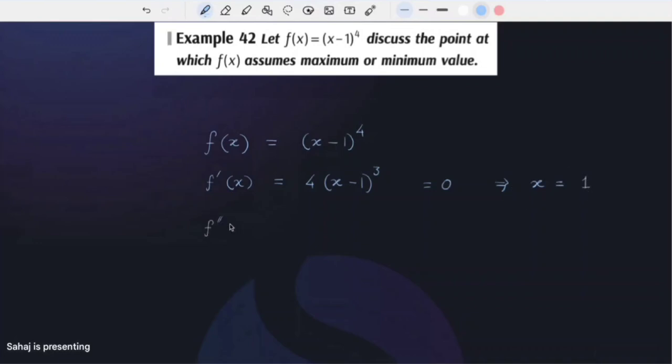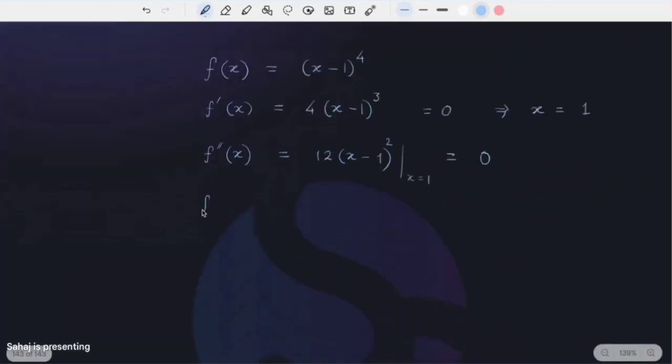So we take the second derivative. Second derivative is also easy to calculate. It's 12 x minus 1 whole square. You put in this value, what you get is 0. So you again do the third one and you get 24 x minus 1.